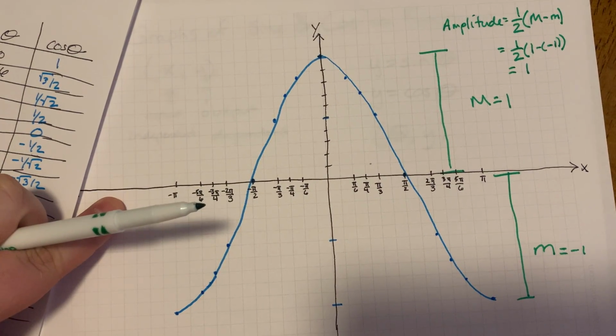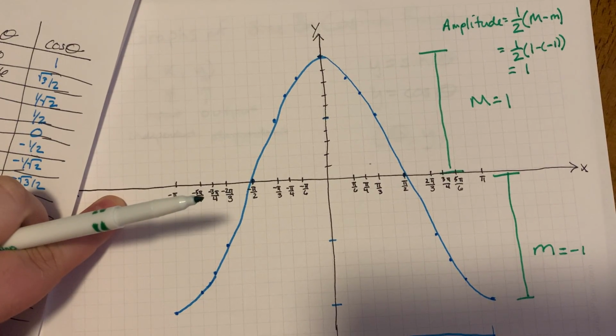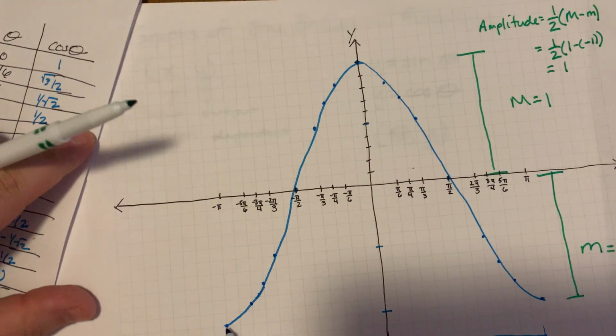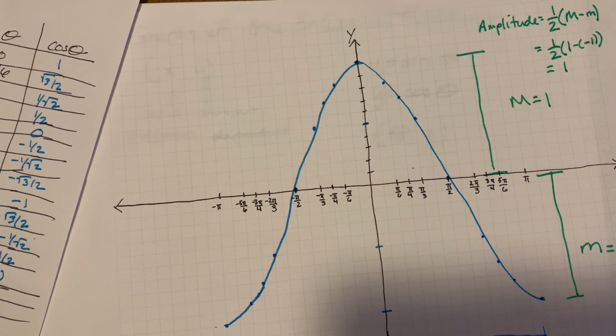The period is also 2 pi, because this would repeat infinitely in both directions.